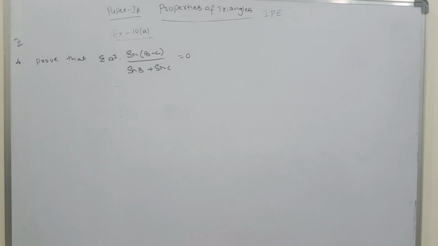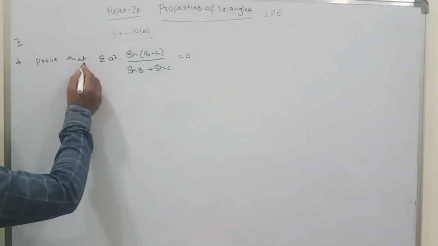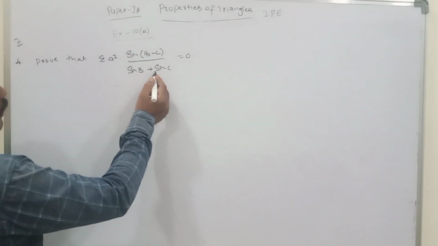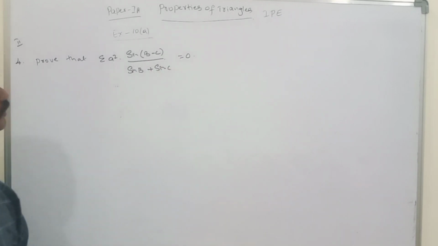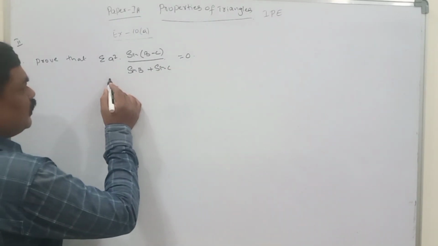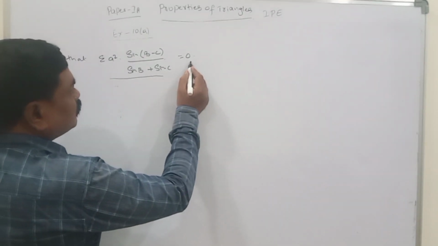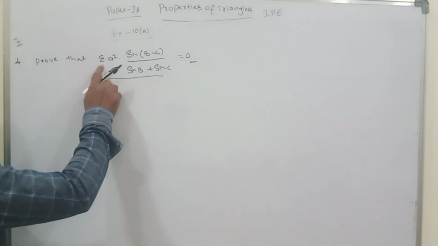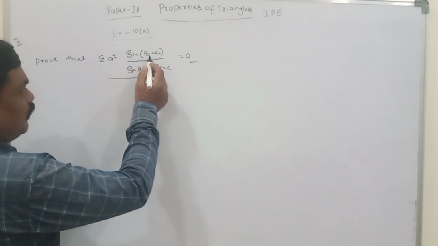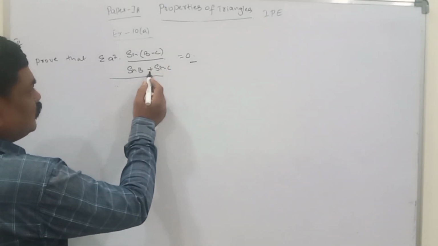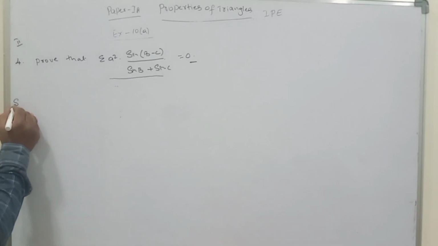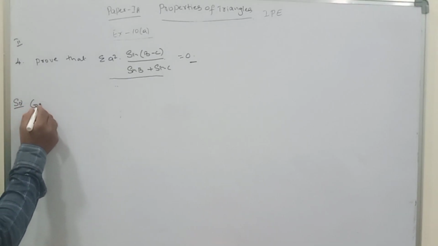Here, fourth problem. Prove that sigma a square into sin of b minus c by sin b plus sin c is equal to 0. Here, the given LHS is this one, and we have to prove the RHS. So, solution.